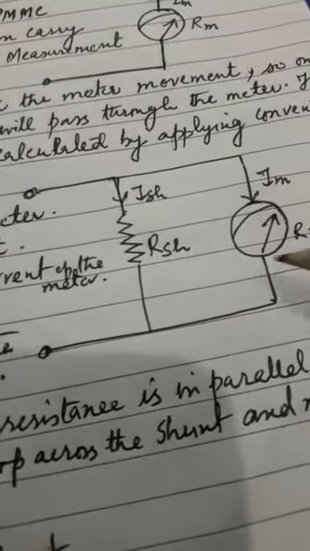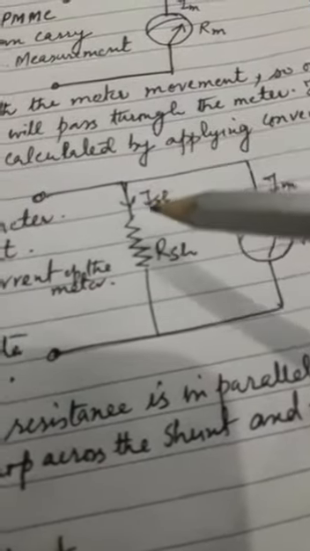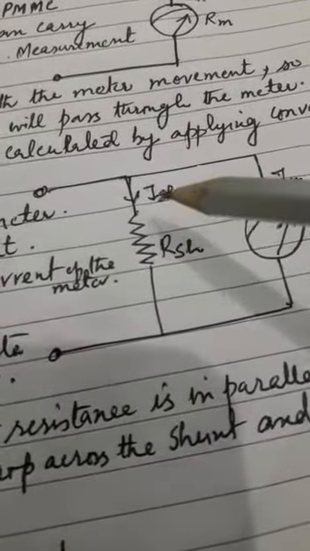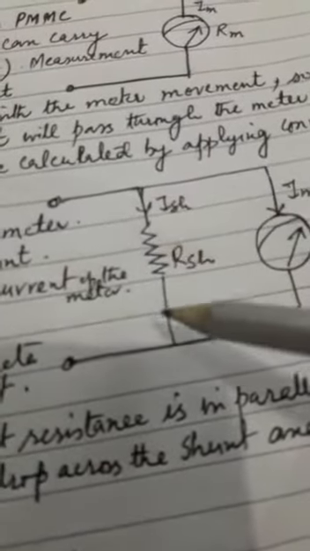We keep a shunt resistor, SH meaning shunt resistor, in parallel with this PMMC instrument meter. This is the shunt current flowing through this resistance.